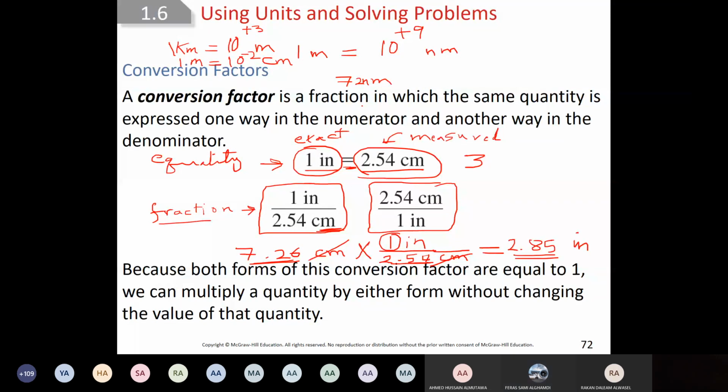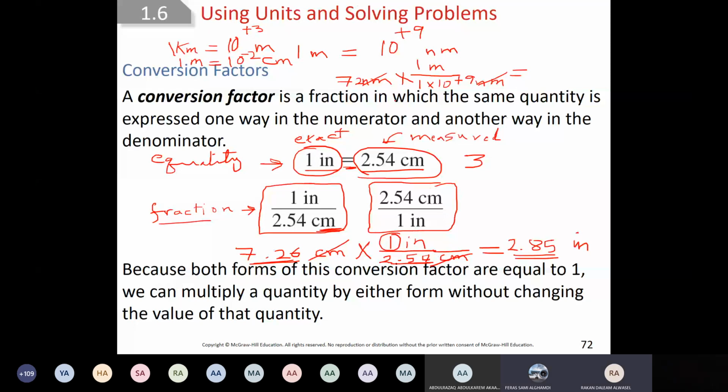What should you do? Multiply by a fraction. What's the fraction? 1 meter up in the numerator, and 1 times 10 to the power plus 9 nanometer down. The nanometer will go with the nanometer and you have the answer.